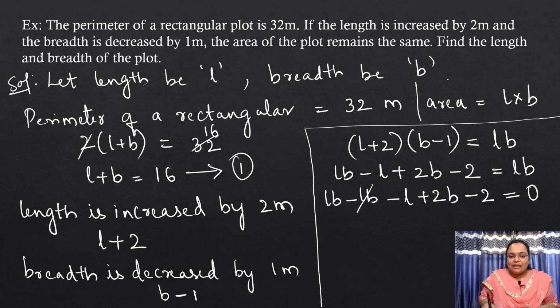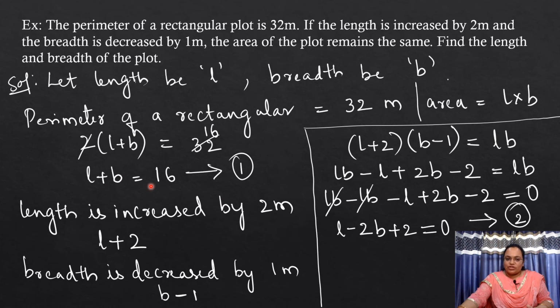So minus LB plus LB will get cancelled. So the equation, this is minus L, right? If we multiply with minus, that will be L minus 2B plus 2 equals 0. So this is your equation 2.